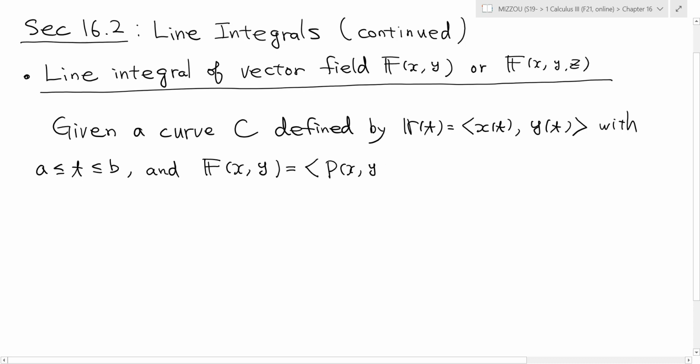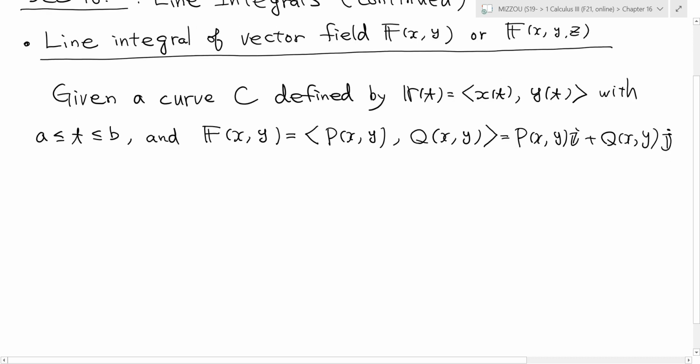So for the output, the x component is a function of x and y, and the y component is a function of x and y again. By using ij notation, this is written as this.